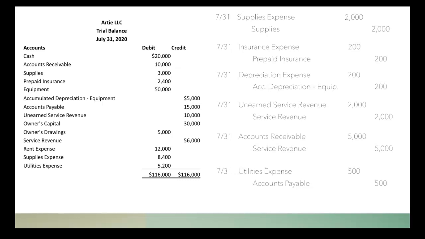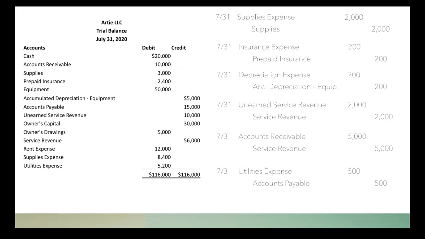They can be difficult, but I don't want you to get too stuck on the account titles, right? Because a lot of times the account titles match up in a way. So whenever you are dealing with an adjusting entry for supplies, you will always debit supplies expense and credit supplies.